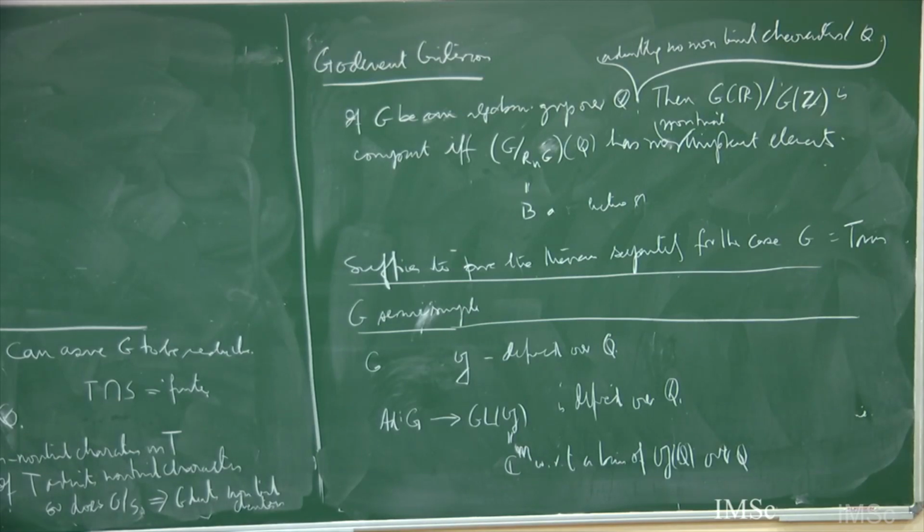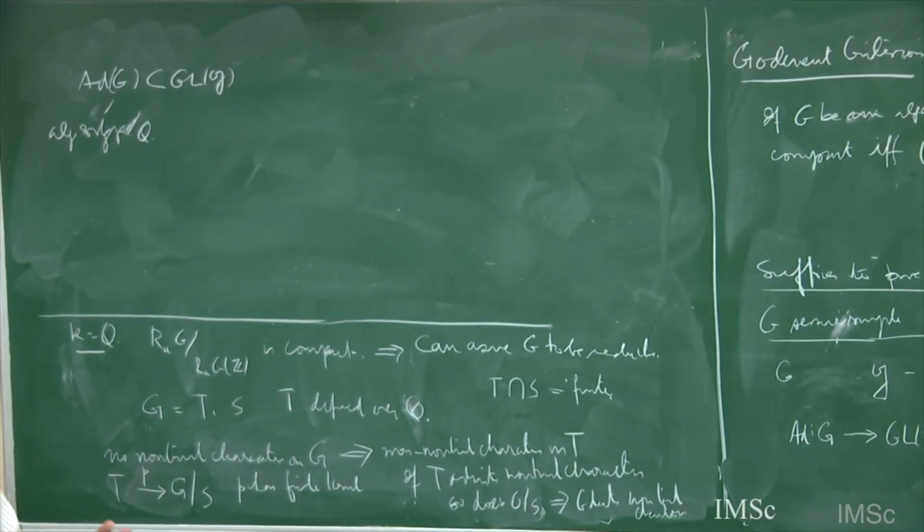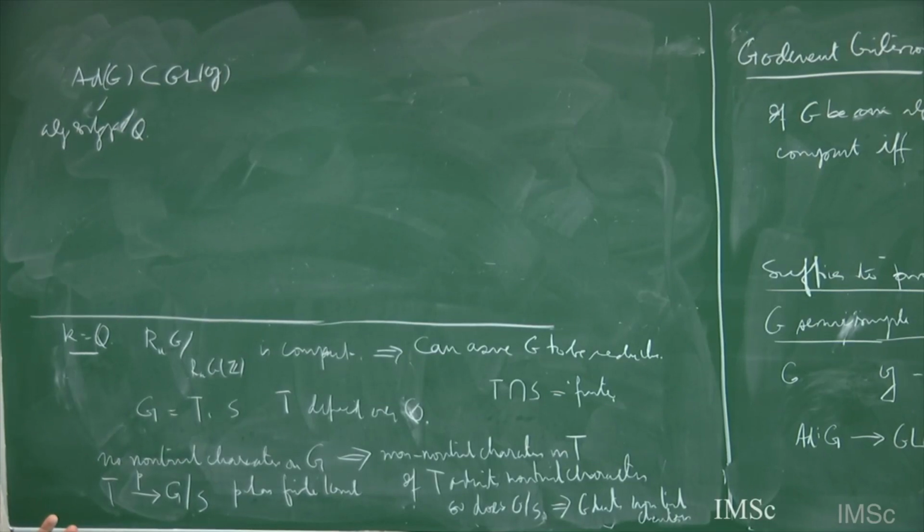So look at G, the subgroup of GL(V). It's an algebraic subgroup defined over Q. Again, if you have a morphism of an algebraic group G into another algebraic group H defined over Q, the image is an algebraic subgroup which is defined over Q. Okay.